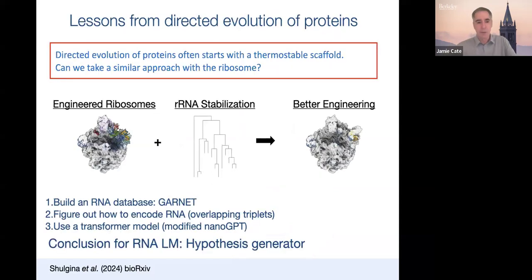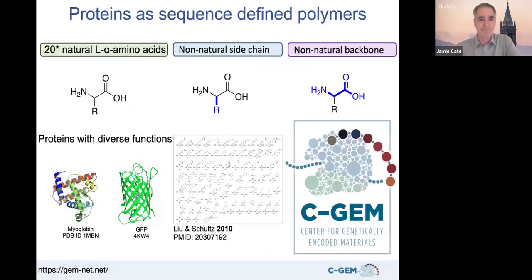And so we think of this RNA language model approach as really a hypothesis generator. Then we go back and experimentally test the mutations that are predicted. But what the language model does is it makes the number of experiments we have to do much, much less. So now I'm going to zoom out and tell you where we're headed next.